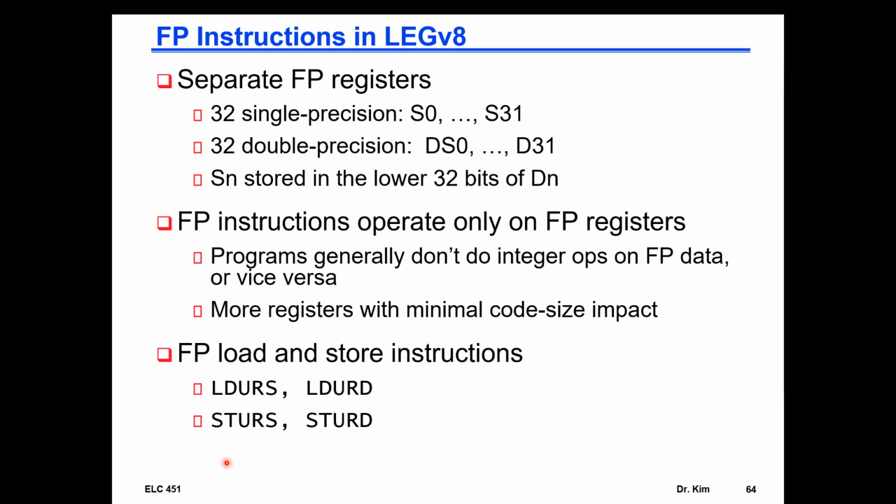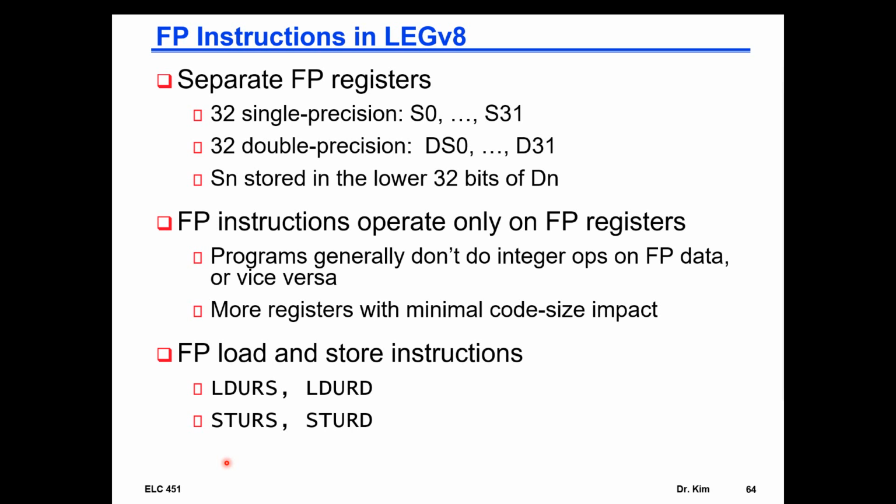So it calls for separate floating point registers in the implementation: 32 single precision, 32 double precision, and the single precisions are essentially the lower part of the double precision registers.